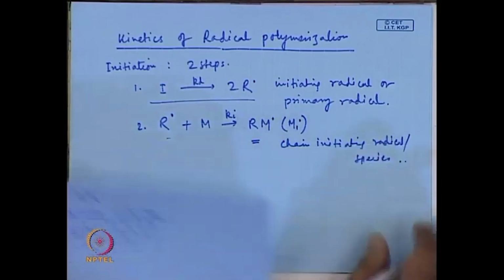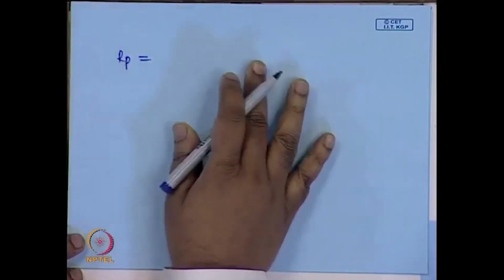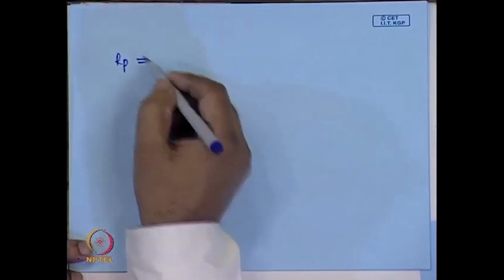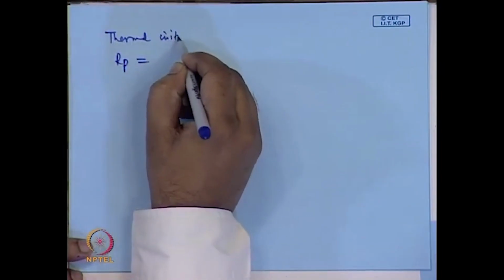So, finally, let us talk about the final expression for rate of polymerization. This is rate of polymerization Rp. Now, this is for thermal initiator.